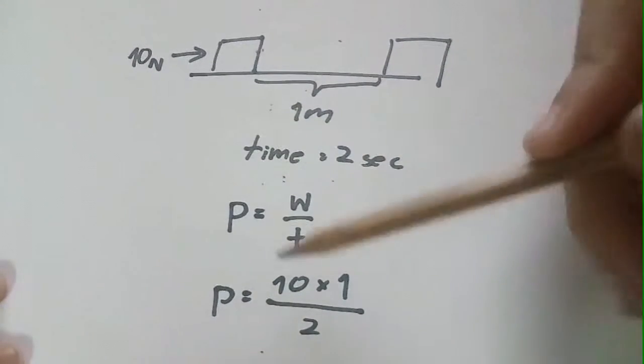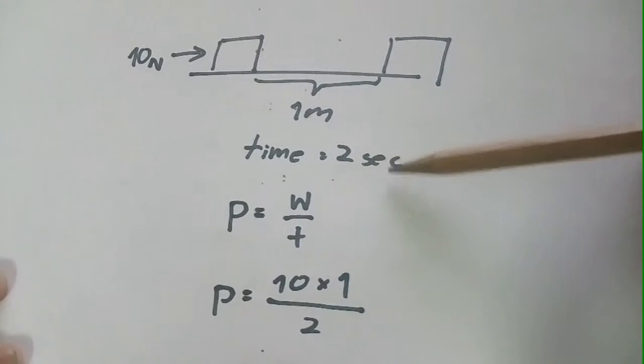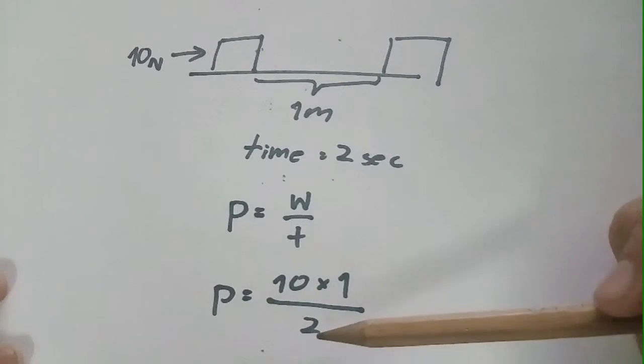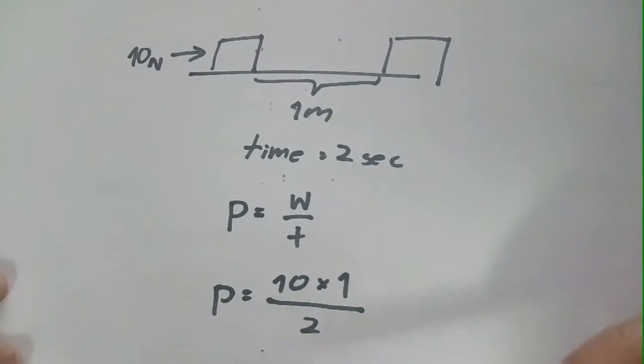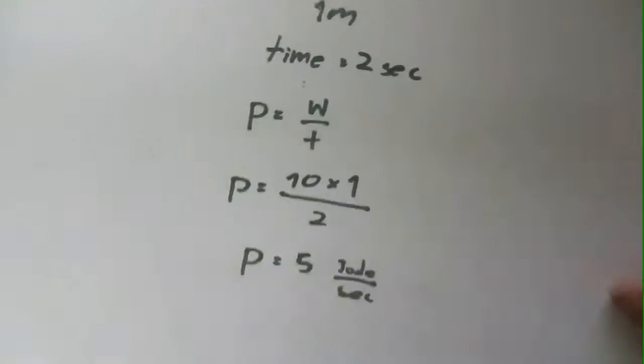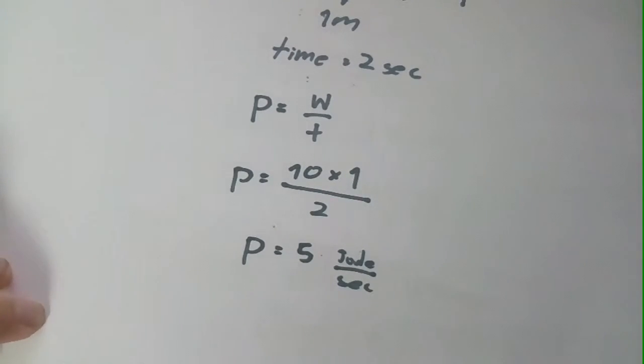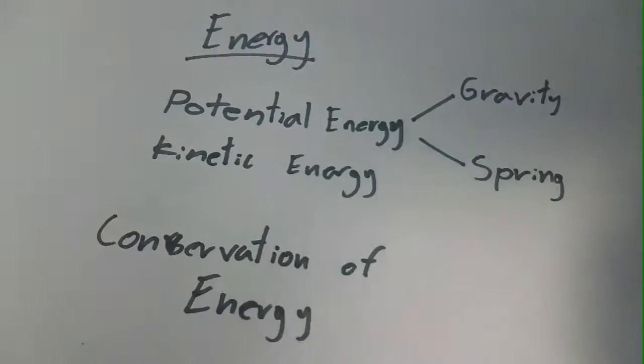Work is equal to force 10 times distance 1, time is 2 seconds, so over 2, and the answer is 5 joules per second is power applied.